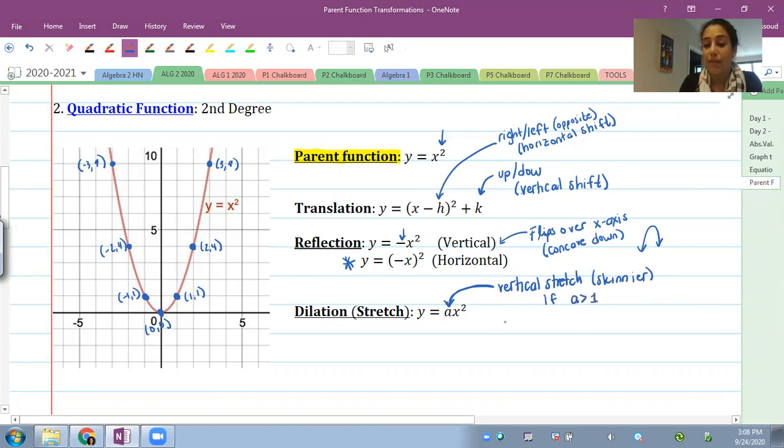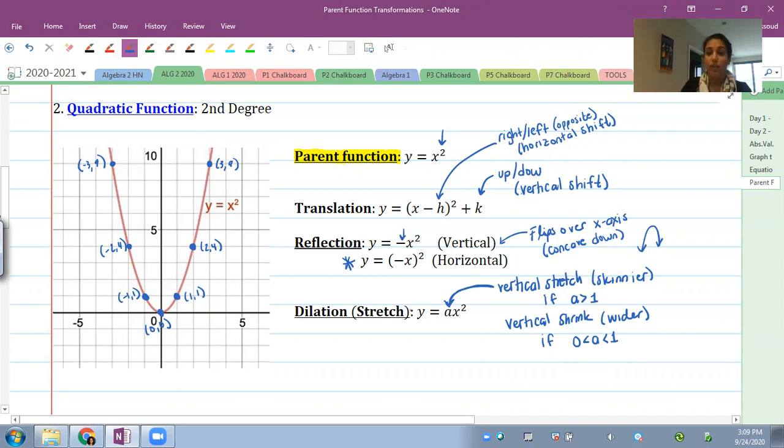And then it is a vertical shrink, right? Which means it's wider, if a is between 0 and 1. Obviously, we can't say if the negative makes it flip.